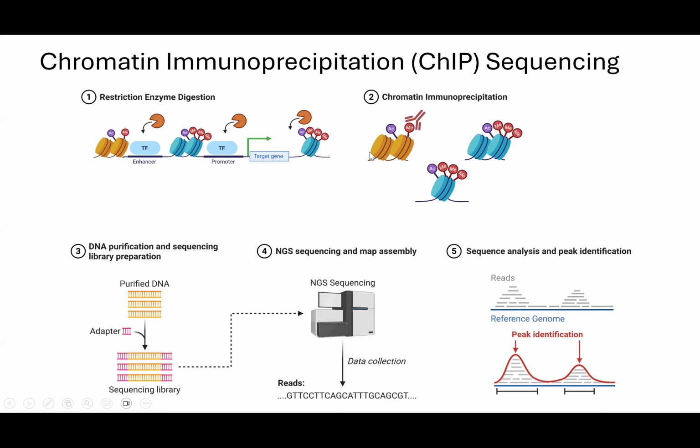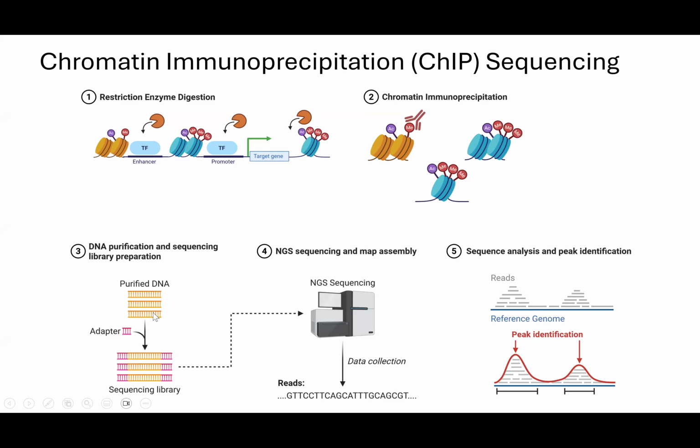Then once you make this library of DNA, I keep it colored orange here because that would only be pieces of DNA that were wrapped around whatever protein you were particularly interested in. In this case, it would be a monomethylation mark on this histone.